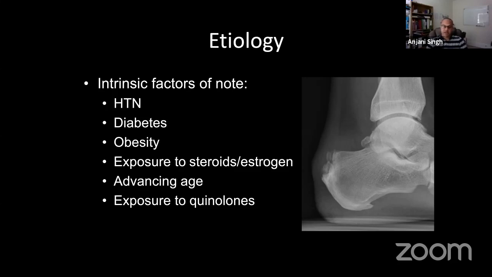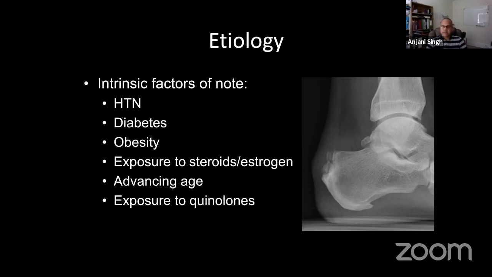Advancing age, as we know, makes things less resilient and they lose tensile strength, they become more brittle, and so it goes with the tendon. They become brittle and therefore are not able to have the healing response which you would expect from a normal individual or a normal aged individual.